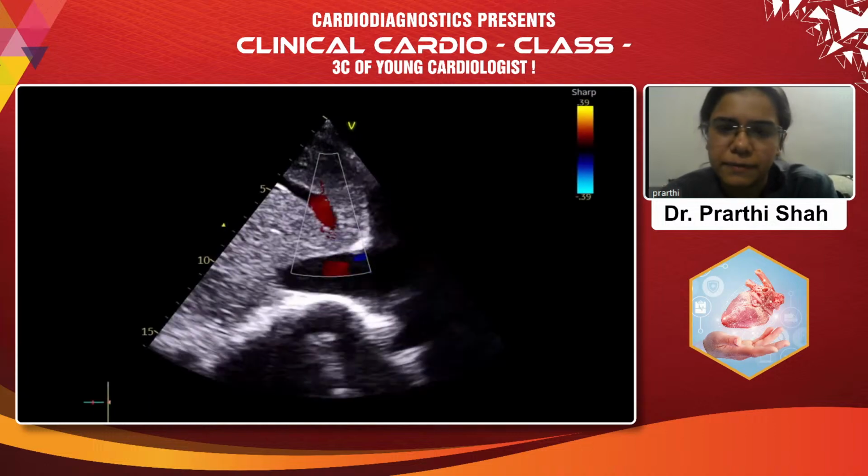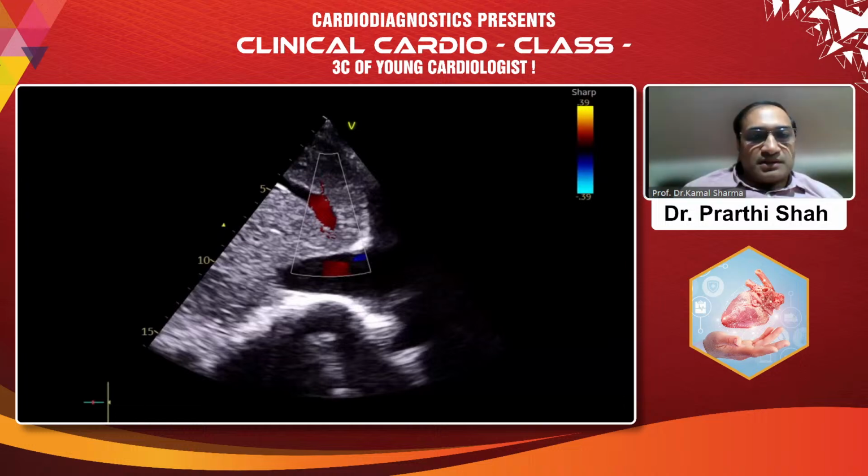Sir, this patient was not so cooperative during the echo, so we could not do further studies. Actually, I wanted to take hepatic flow reversal in this patient, but I could not get it, sir.